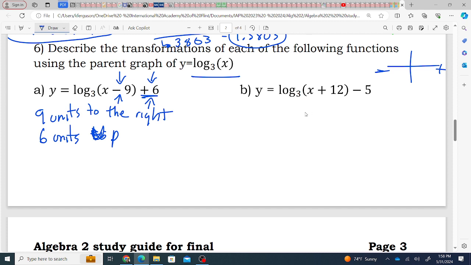And so now I got this problem. So I've got x plus 12. So x plus 12 goes 12 units to the left. And it goes 5 units.